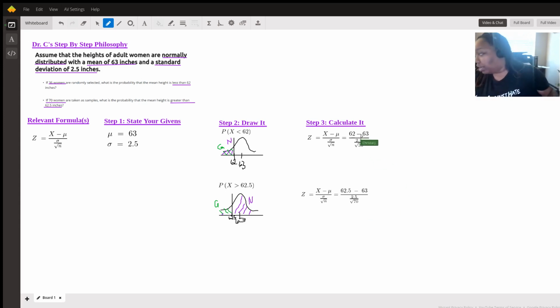After that, we're going to actually calculate it to give us our z-score. So 62 minus 63 divided by 2.5 divided by the square root of 36 equals negative 2.4.